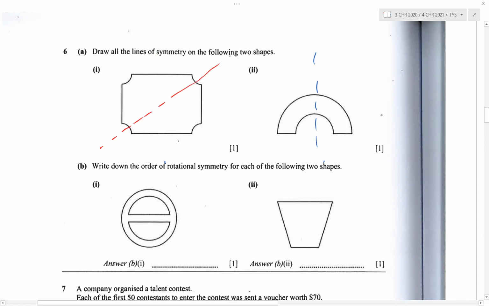Okay, question. Is this a line of symmetry? Why not? How to convince? Use paper. So you take this as a rectangle. If you go diagonally, end to end, what do you get? You get the same triangle? No, they don't overlap each other neatly. That's what's happening over here.